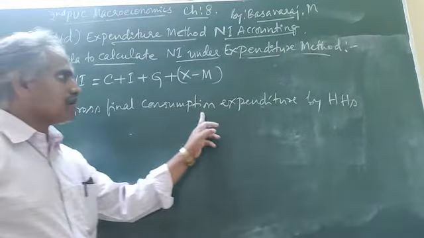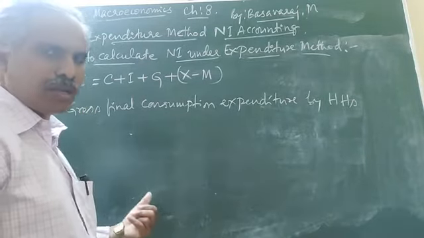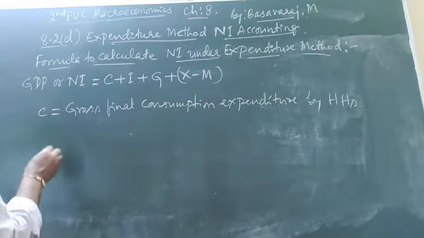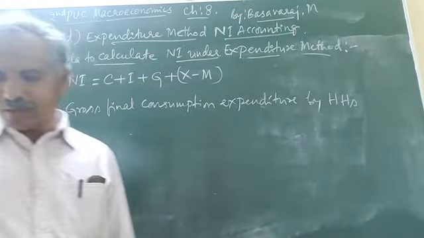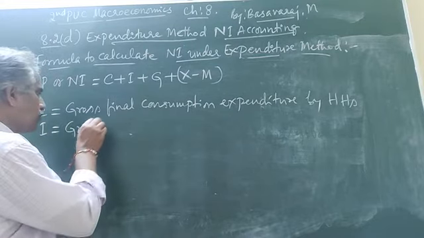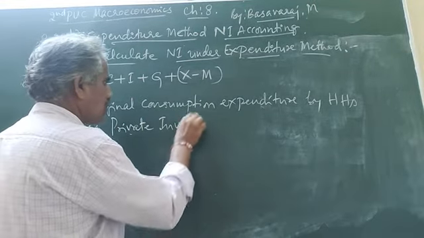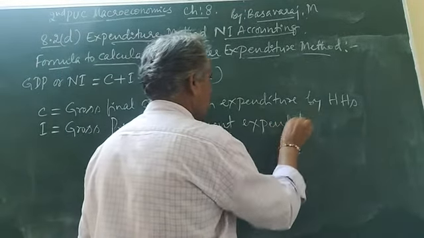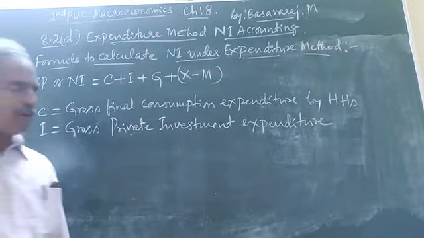Here gross final consumption expenditure by households is to be called as gross final consumption expenditure. Then I is the gross investment expenditure, gross private investment expenditure by firms.